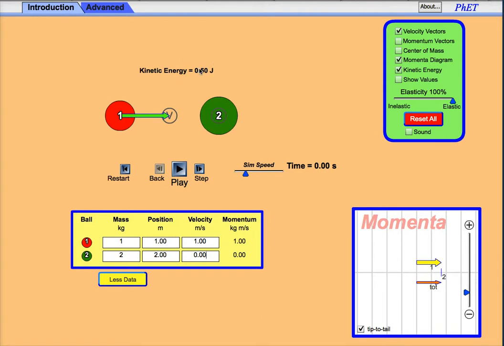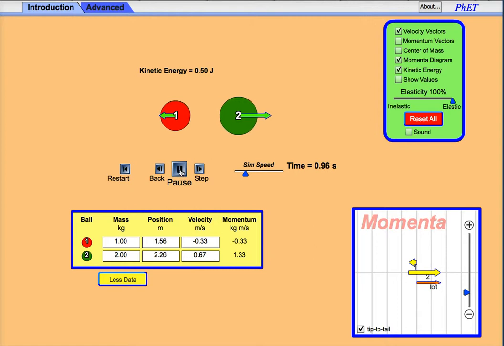Now let's move on. I'm going to press this play button here and let the collision occur, and I'll pause it a few seconds after the collision to see what happens. Here we go. That's the collision occurring, and now I'm going to pause it. Okay, so what happened? Let's take a look.